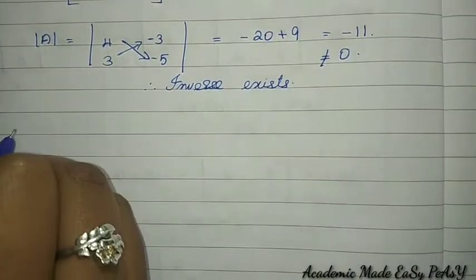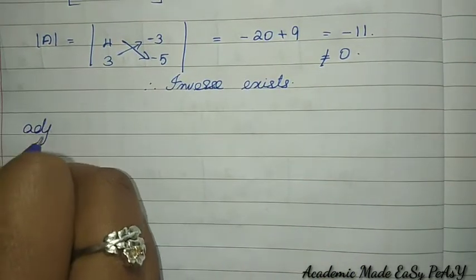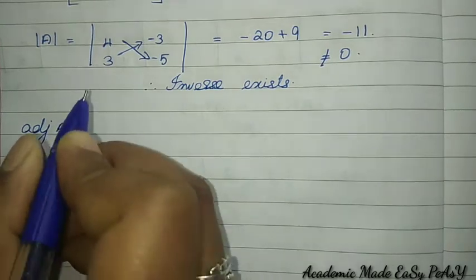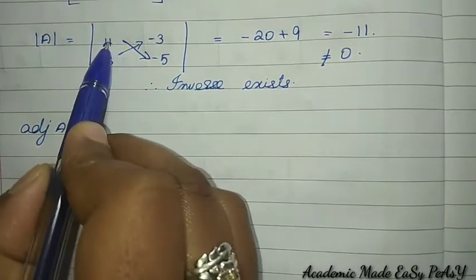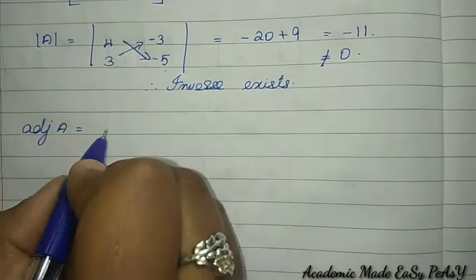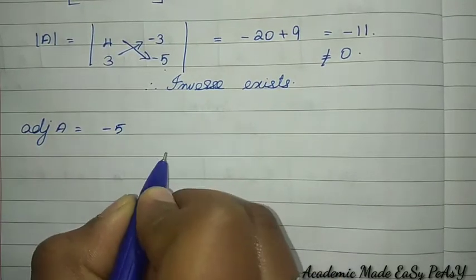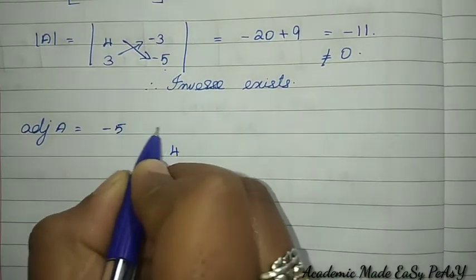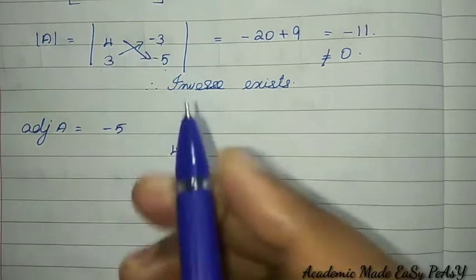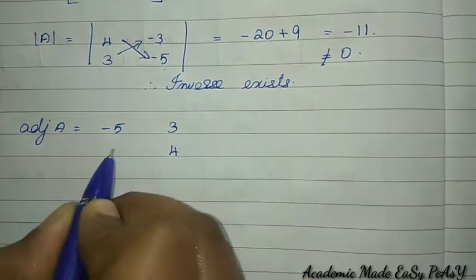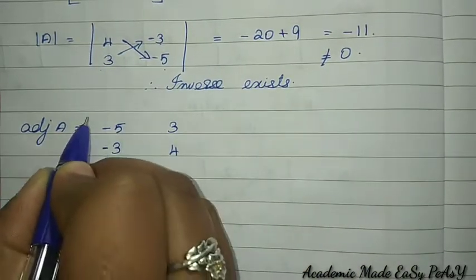Now I will start finding my adjoint of A. So adjoint of A is equal to, see here I will be swapping A11 and A22. So my A22 element is -5, A11 is 4, and I will be changing the signs for the remaining. So -3 will become +3, +3 will become -3.